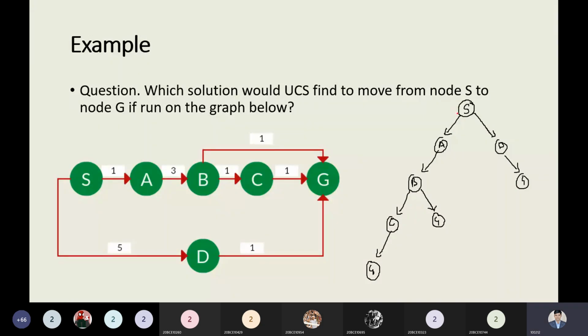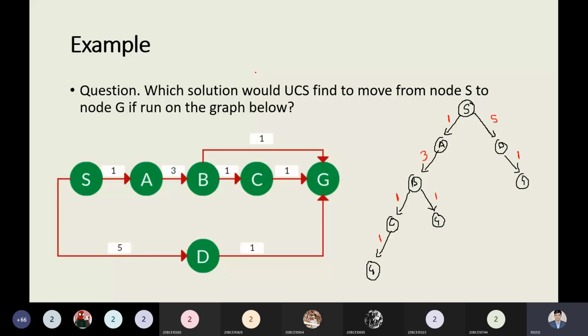S to A we have a cost of one, A to B we have three, B to C we have one, C to G we have one, B to G we have one, A to D we have five, and D to G we have one. From this point, the question is: which would be the solution of UCS to find the better solution from S to G?